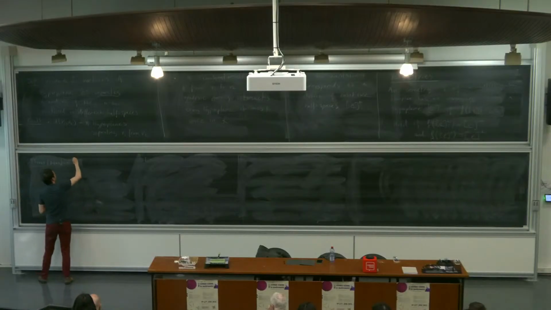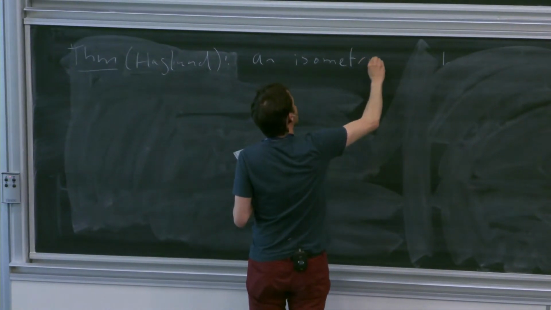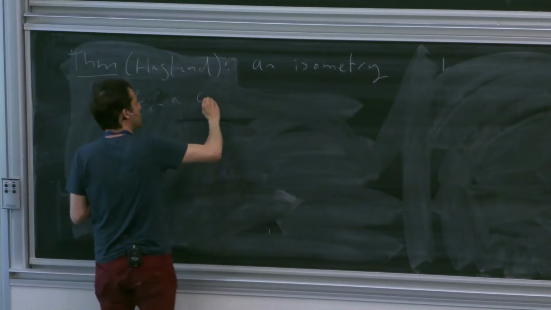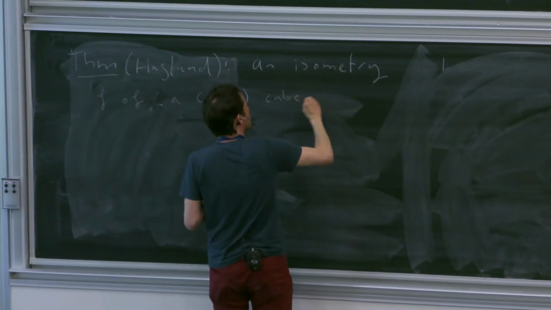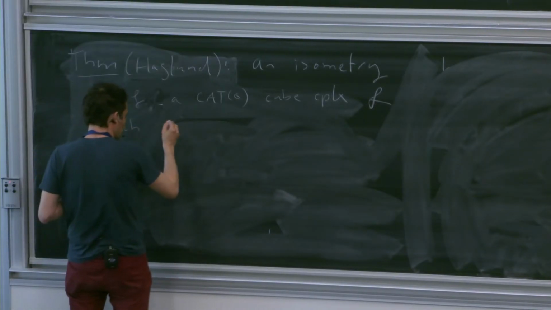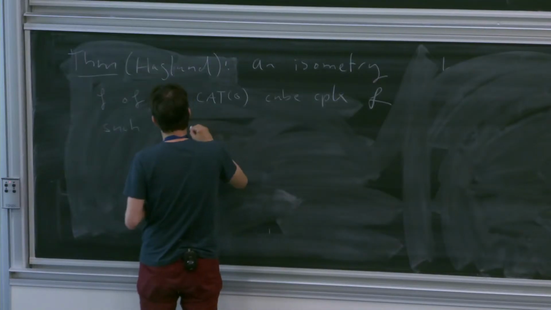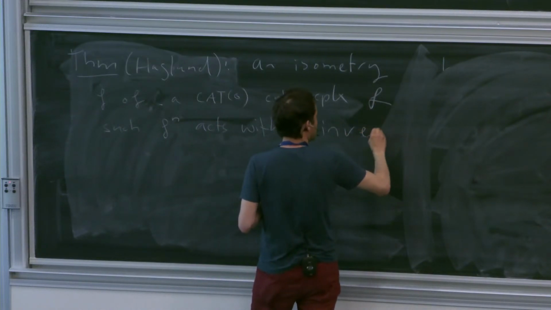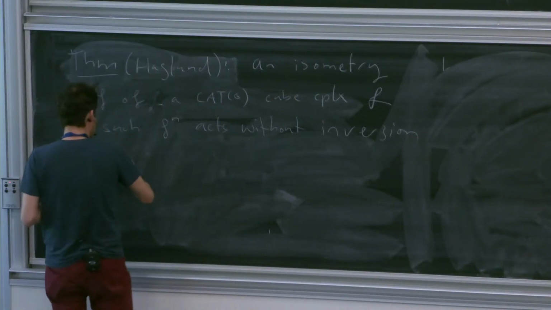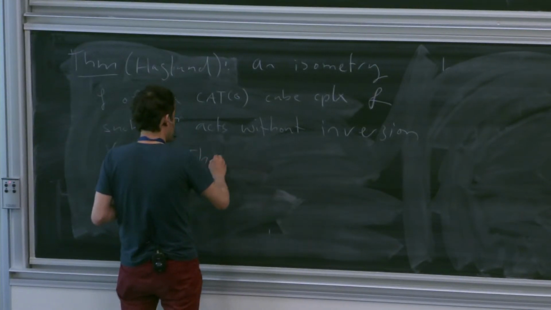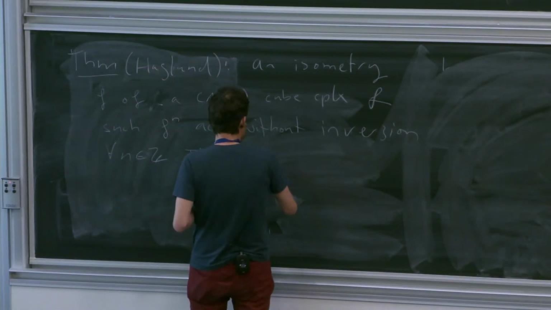It's also a fact about the CAT(0) cube complex: if you have an isometry f of a CAT(0) cube complex L, and we assume that f and also all the iterates of f act without inversion for all n, then we just have two possibilities.